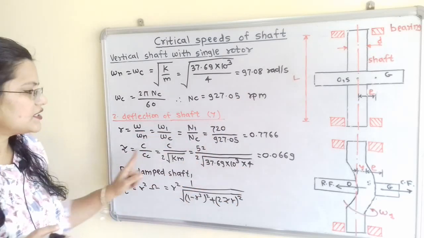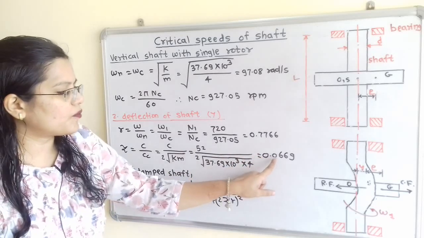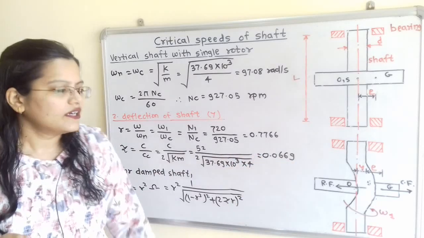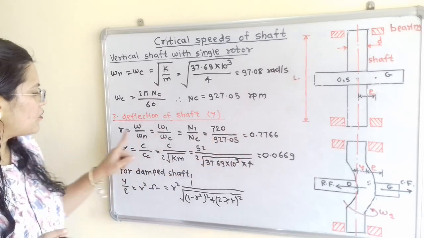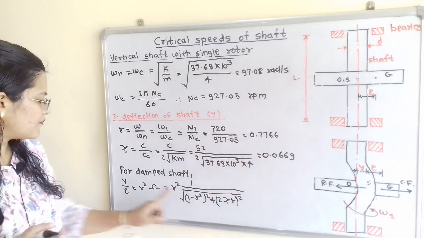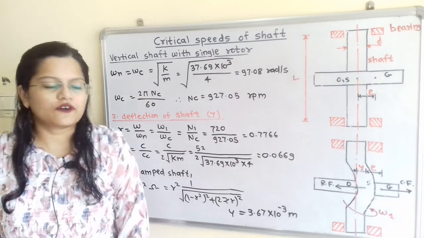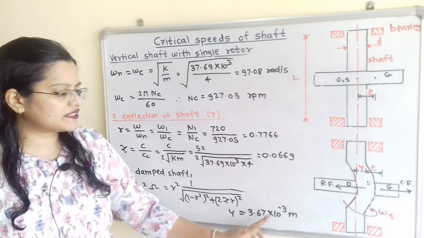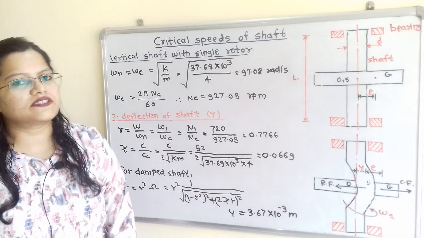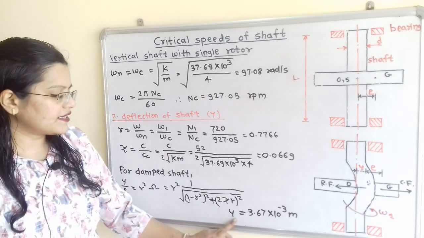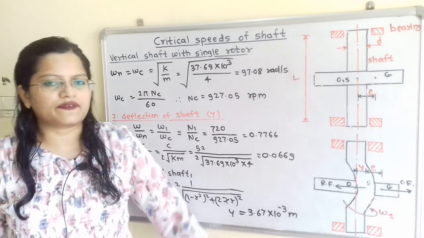When we calculate this, we get zeta equal to 0.0669. Now we put in the values of r and zeta and calculate y. Therefore y is equal to 3.67 into 10 raised to minus 3 meter, that is 3.67 millimeter.